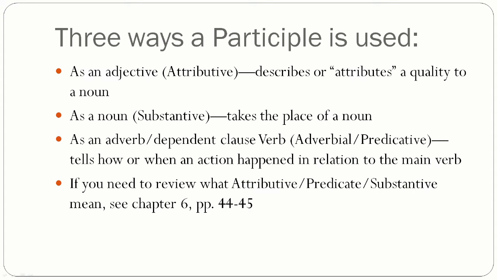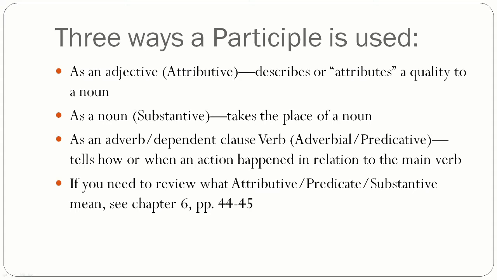A lot of times the adverbial participle is best translated as the verb of what is called a dependent clause. A dependent clause is a part of a sentence that functions a lot like a sentence, but it cannot stand by itself. We'll look at some of those. The participle tells how or when an action happened in relation to the main verb.